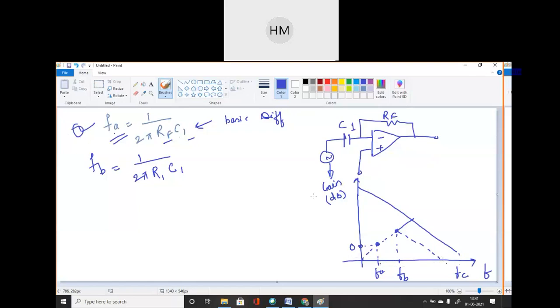FC you can write, FC is the unity gain bandwidth, which is known as UGB. Now FB is my gain limiting frequency.